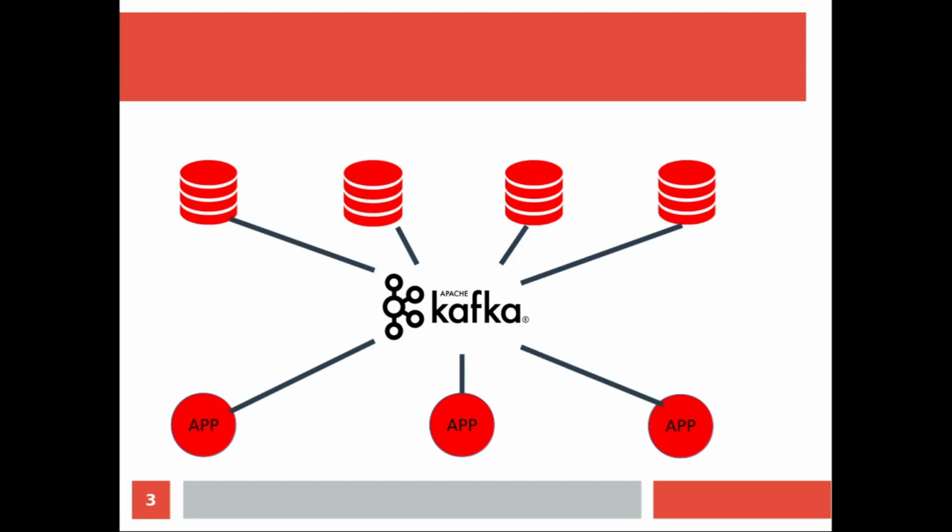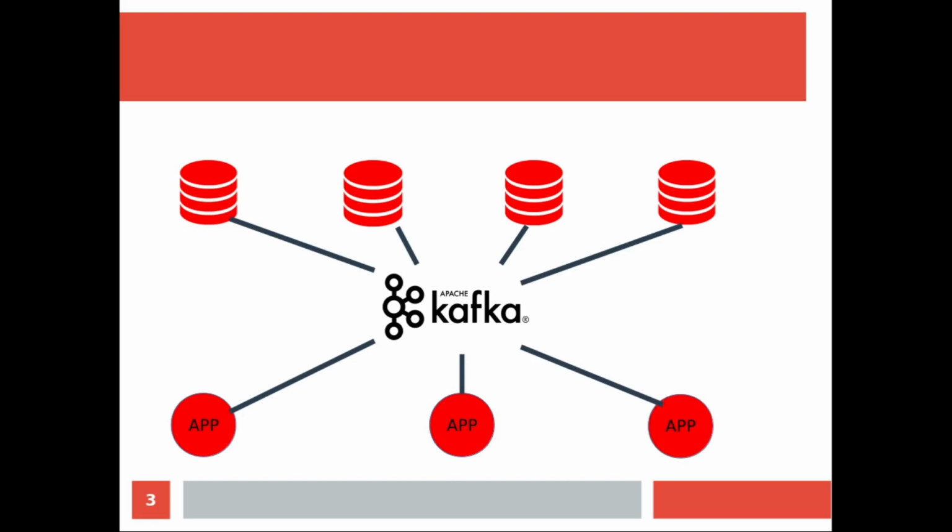So with Apache Kafka, we have this data system, where the central part of this system is Apache Kafka, and then we don't need to connect our application to every data source. We just need to connect our application to Apache Kafka, and also to connect each database or each data source with Apache Kafka.